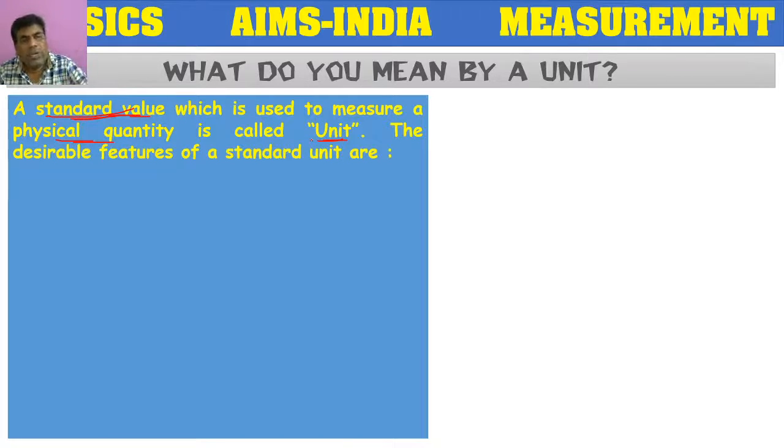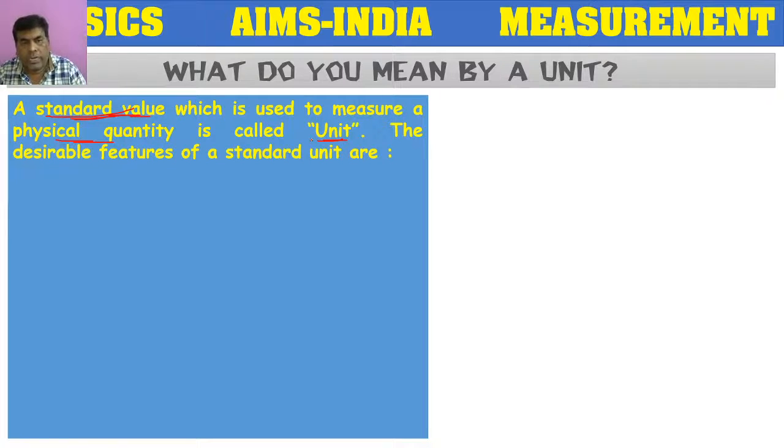But this unit should have some desirable features, because we are saying that all over the countries, all over the world, its value is standard. In all the countries, the climate is not the same. The geographical conditions are not the same.